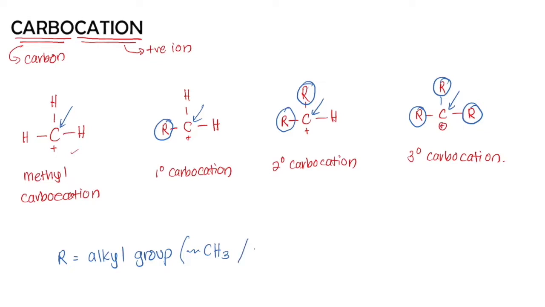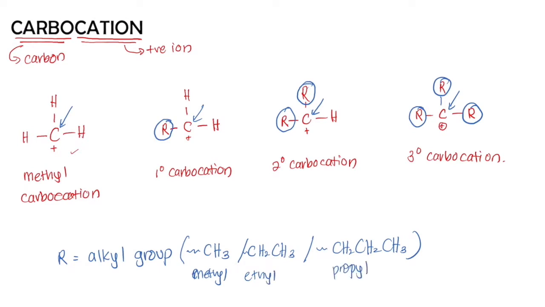Another example is CH2CH3, then CH2CH2CH3. So that's why you see methyl, which is CH3, ethyl, and also propyl. So that's why when you see this, we name it methyl carbocation.